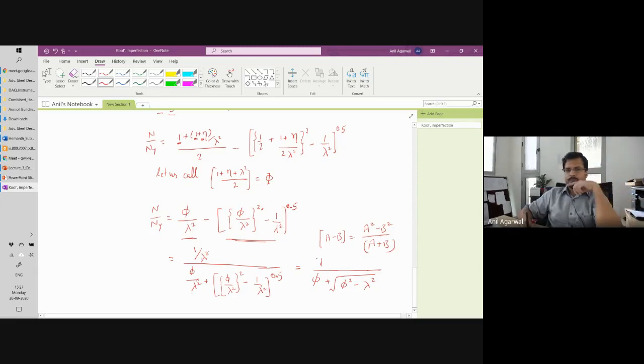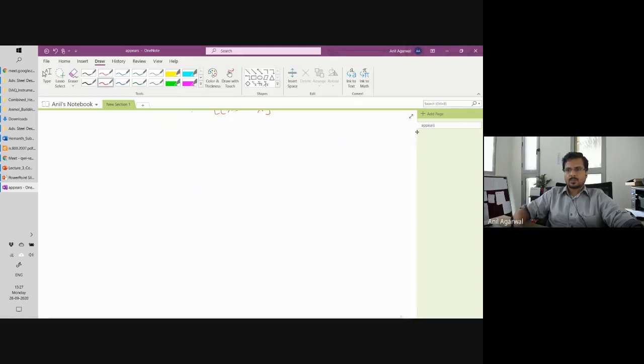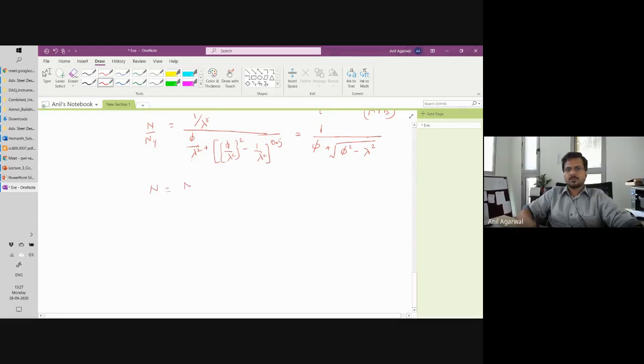Okay. That is my N divided by Ny. Or in other words, if I call it average stress, or N, let's not change to stress yet. N is equal to Ny divided by phi plus square root of phi square minus lambda square.